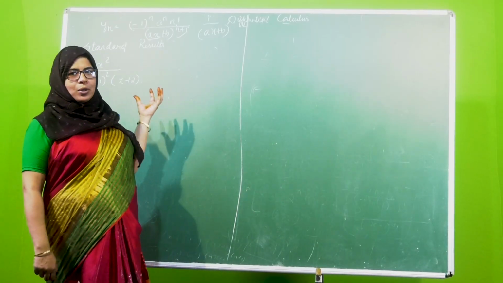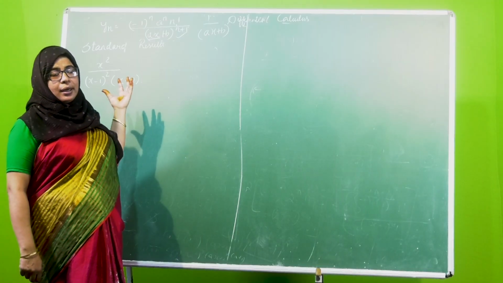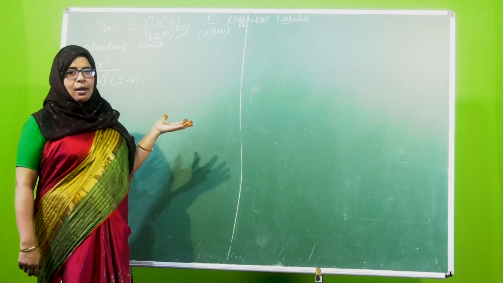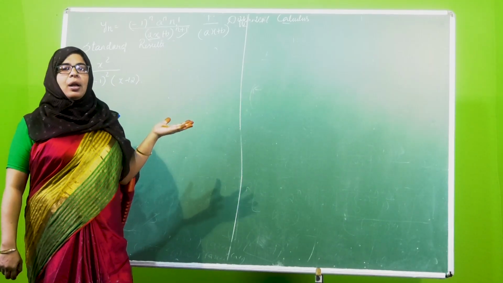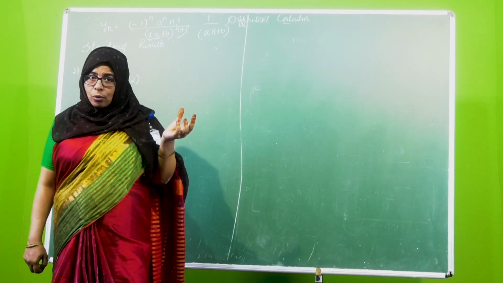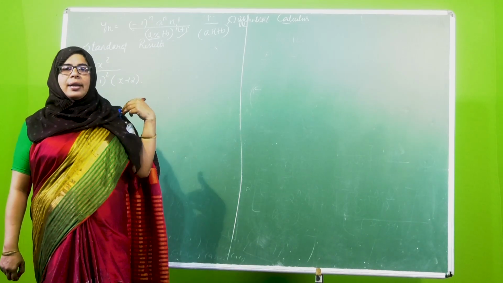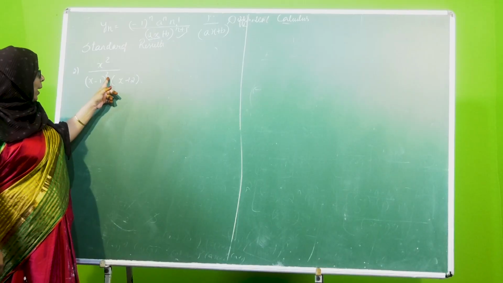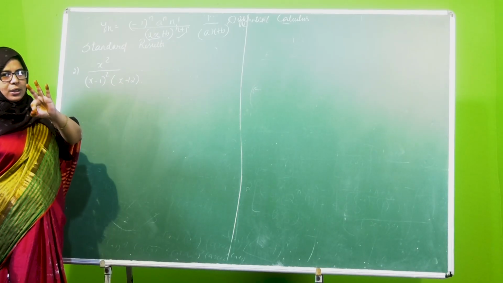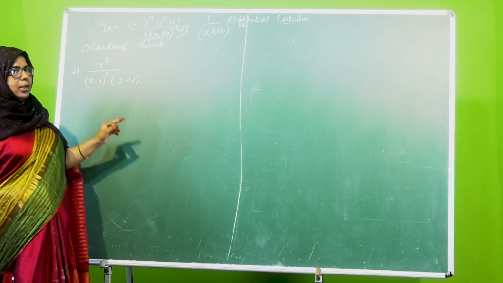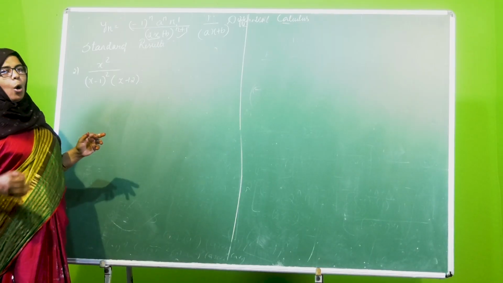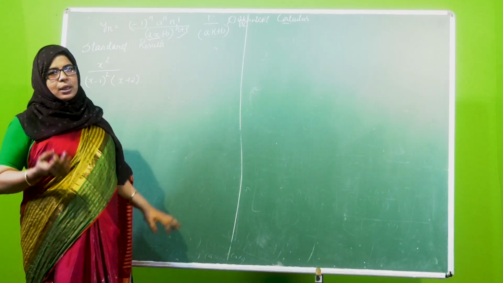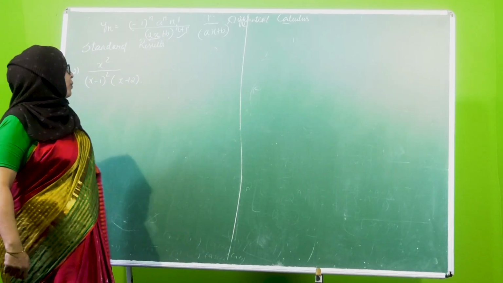Now we are going to see another example in partial fractions. In the previous example, we saw only 2 roots. In this example, how many roots are there? There are 3 roots in this example. So how many constants will we substitute for these 3 roots? 3 constants, obviously.